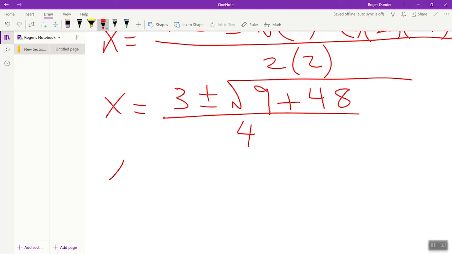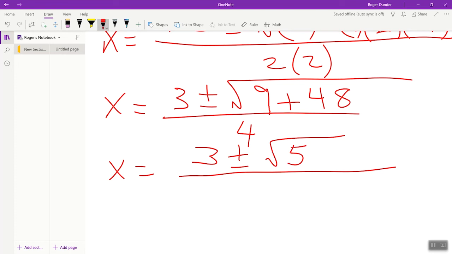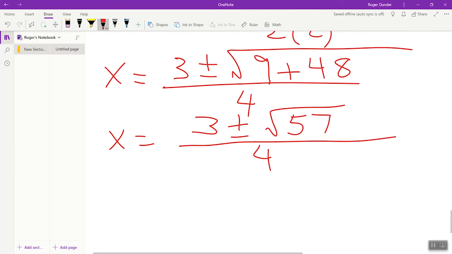So x is going to be equal to 3 plus or minus the square root of 57, over 4. Now, you could write 3 plus square root 57 over 4 and 3 minus square root 57 over 4, and that would not be wrong. However, you can also give the decimal equivalents.